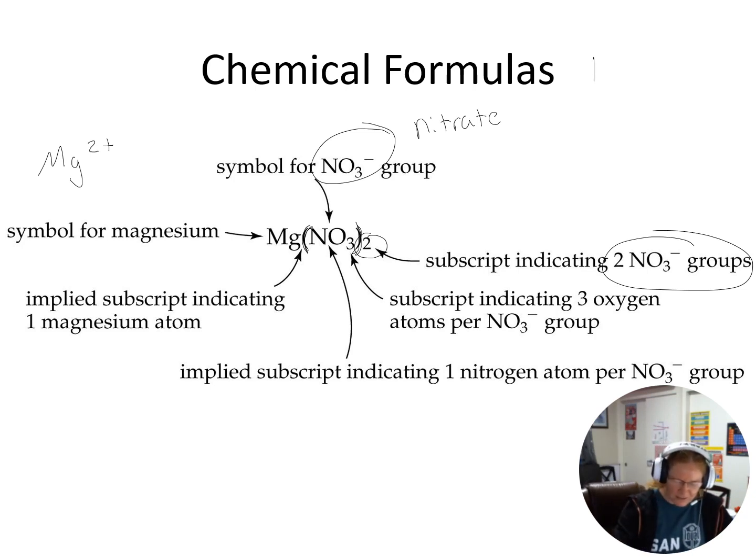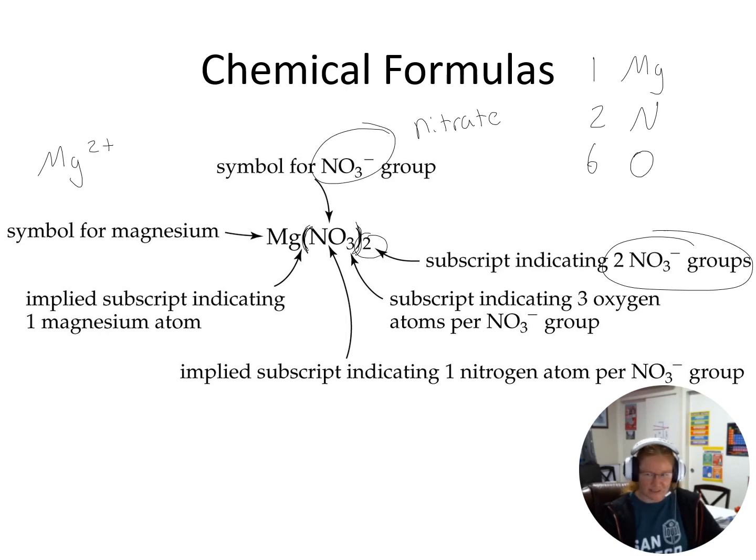I have 1 magnesium. When I look at nitrogen, I have 1 nitrogen in each nitrate group, but I have 2 nitrate groups. So what's 1 times 2? I have 2 nitrogens. And then when I look at oxygen, each nitrate group has 3 oxygens, but I have 2 nitrate groups. Well, what's 2 times 3? 6. So I have 6 oxygen.